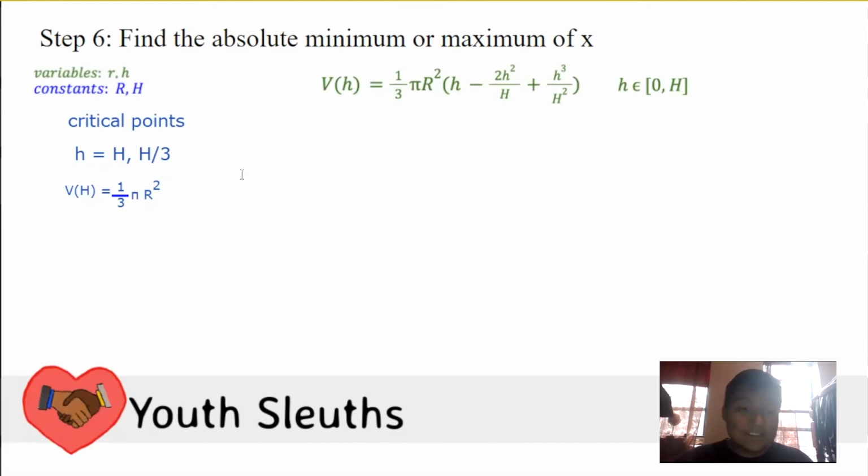Now, inside the parentheses, that's when we begin plugging in the big H. So the little h becomes big H, and we subtract 2 times big H squared divided by big H, and then we add big H cubed divided by big H squared.